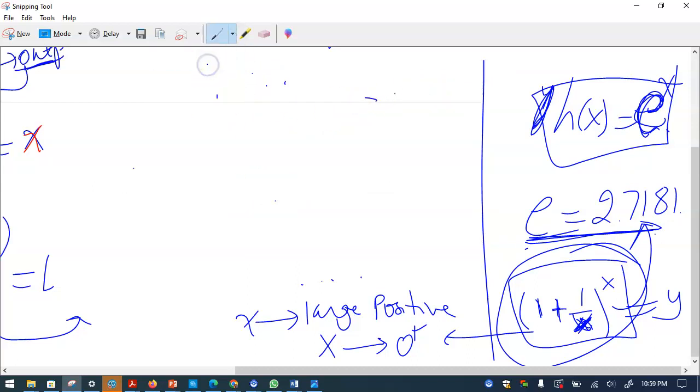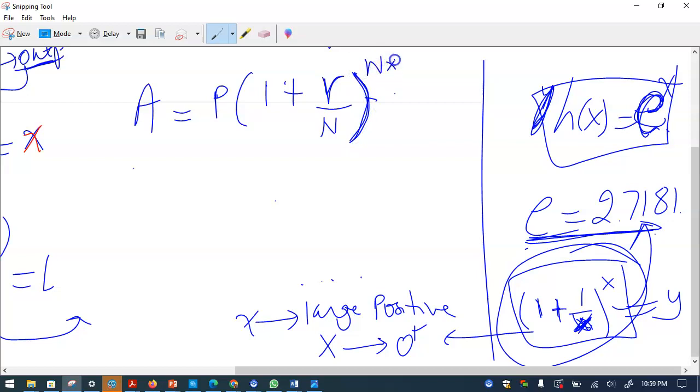The formula for compounding money deposited: if P is the principal amount with some rate of interest per year, and you're compounding it n times, the number of times the interest is calculated is n times t.